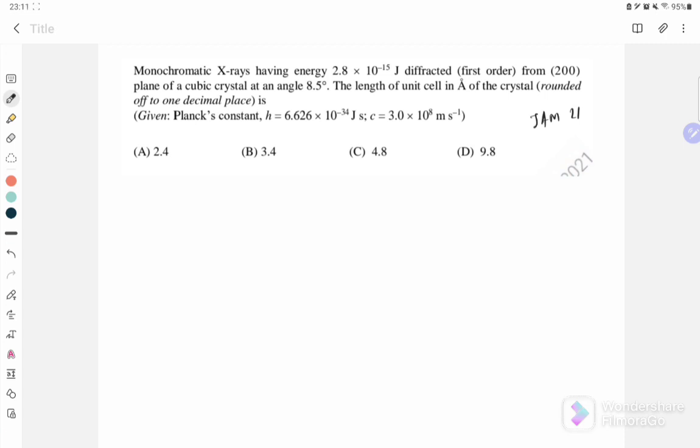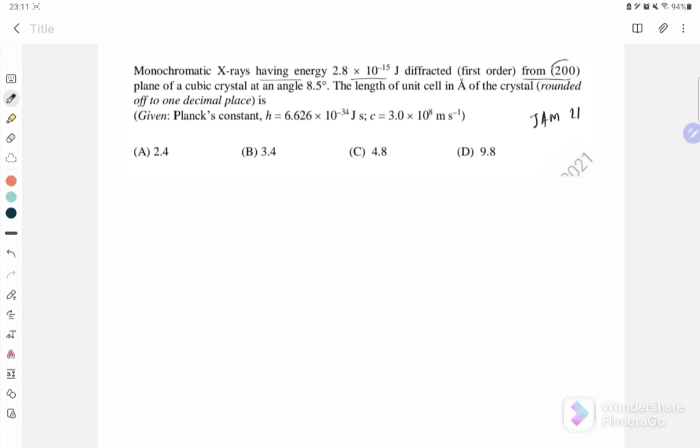So let's start. Our first question came in JAM 2021. A monochromatic X-ray having energy 2.8 into 10 to the power minus 15 joule is diffracted from the 200 plane.